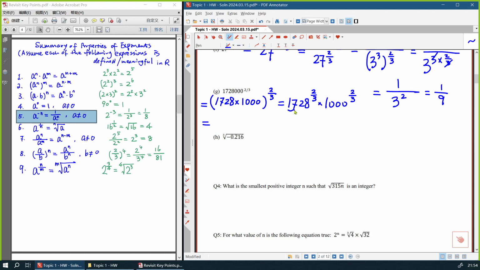And let's observe this number here. Can you factorize that such that this number is some number raised to the power of 3 or something? Apparently, this number can be divided by 2 and 3, right?